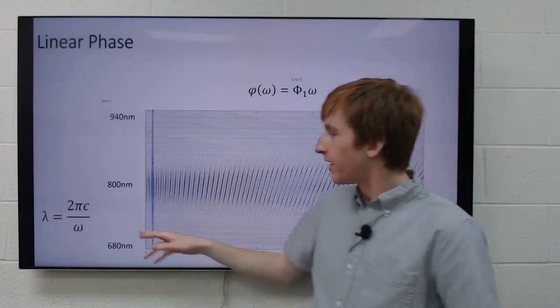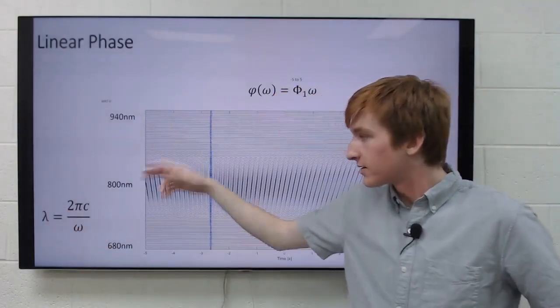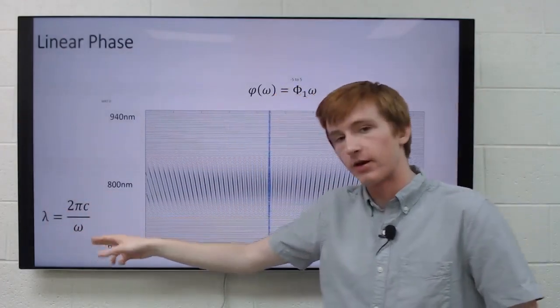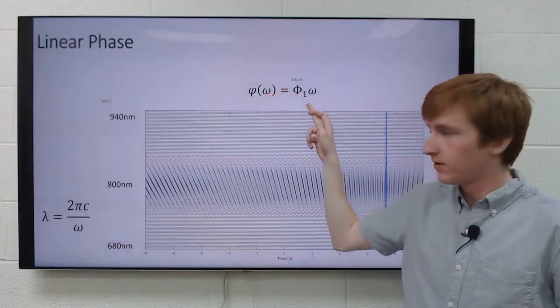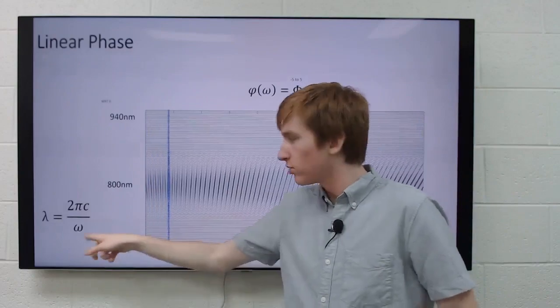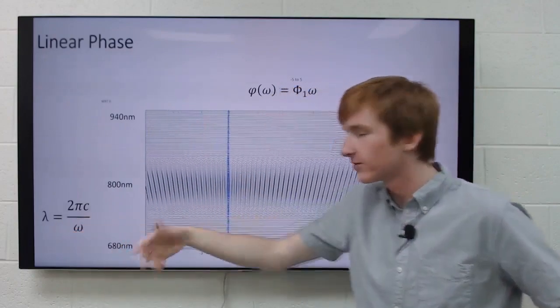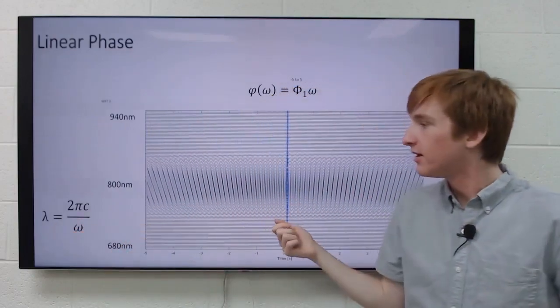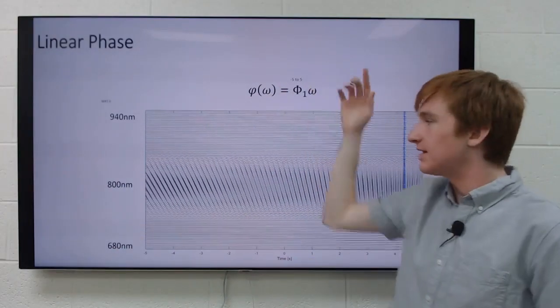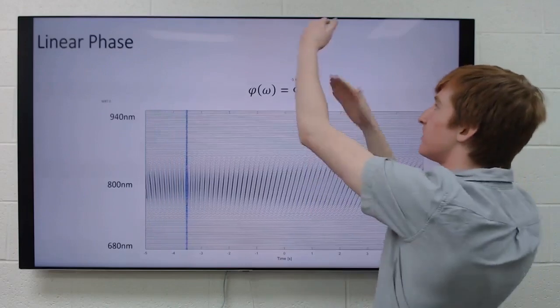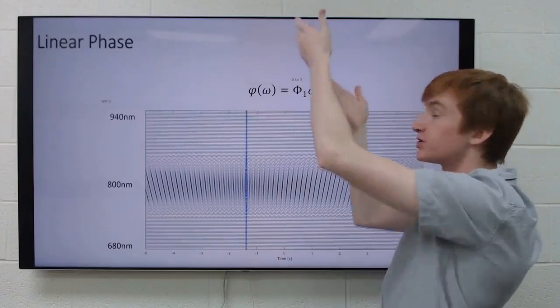We know that lambda, the wavelength, is equal to 2 pi times c divided by omega. If you plug omega equal to 0 into this equation, that's when lambda is equal to infinity. So therefore, this phase is 0 at infinity. So the anchor point of this thing is at infinity, and so what's happening is you are changing.